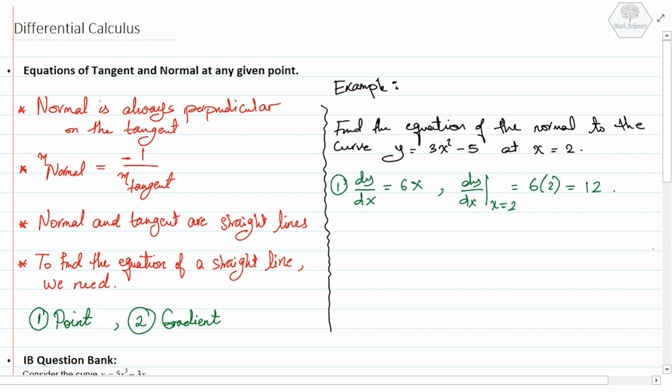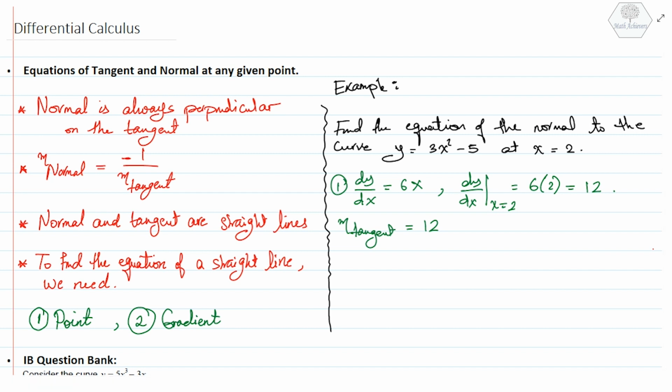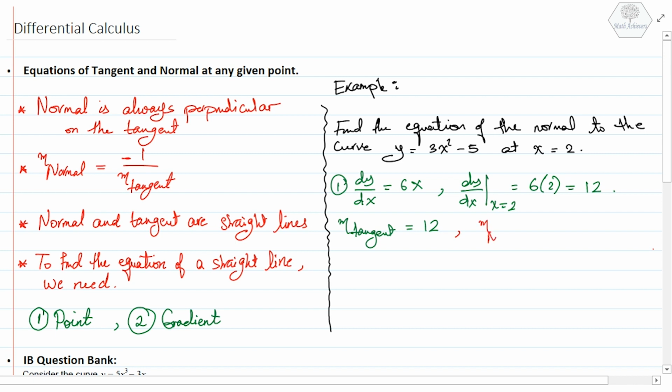So I find out that the gradient of the tangent is equal to 12. And in this question, we want the gradient of the normal, not the gradient of the tangent. So the gradient of the normal is, I flip the gradient of the tangent, then take the negative value of it, so it's -1 over 12.